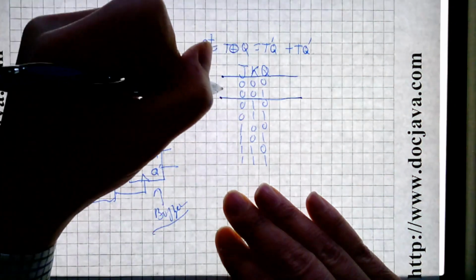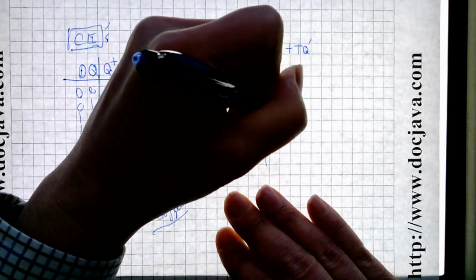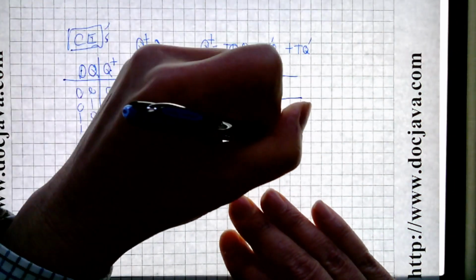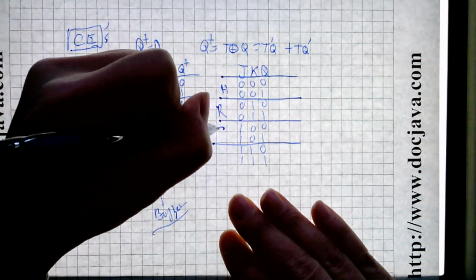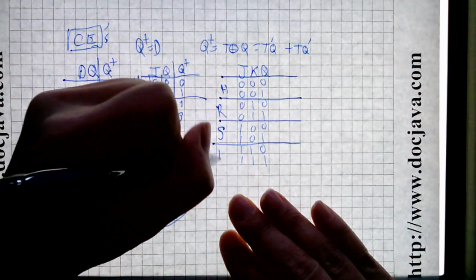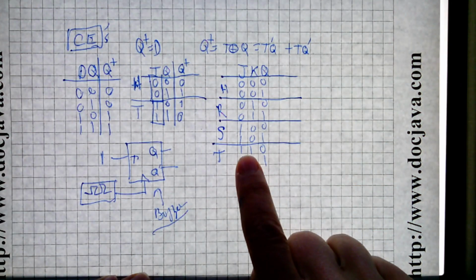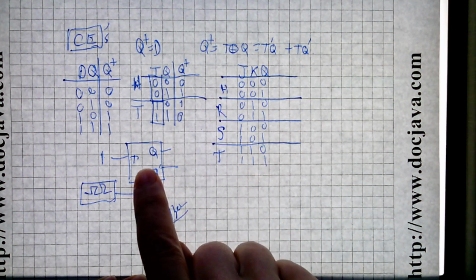This is the hold state. This is the reset state. This is the set state. And now this is the toggle state. Notice if you put J and K together and you make them both equal to 1, it will start to act like a toggle flip-flop.